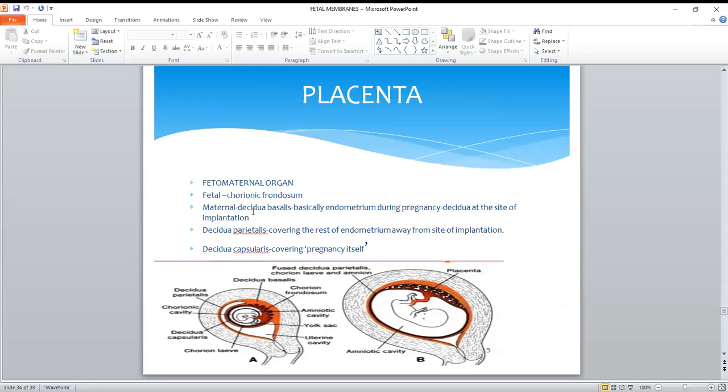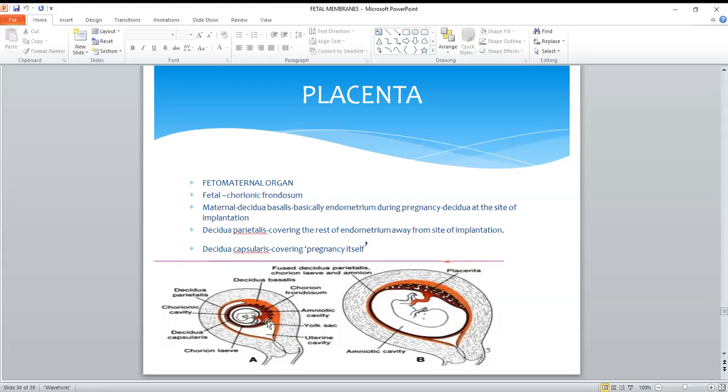And there are three types of decidua that you must know: the decidua basalis, parietalis, and capsularis. This is the decidua basalis. It forms the maternal bit of the placenta.